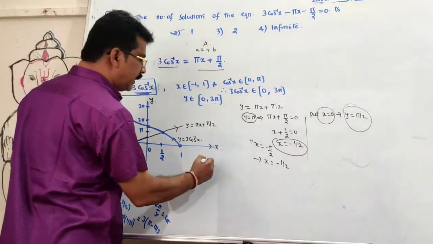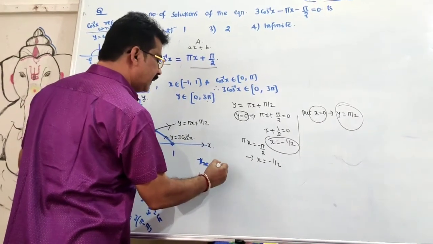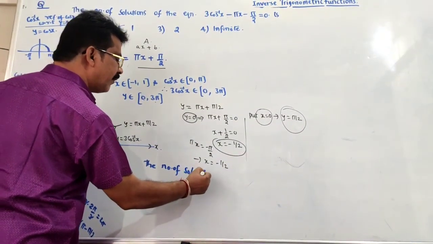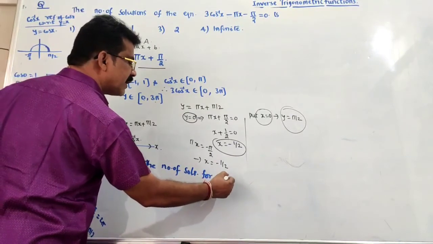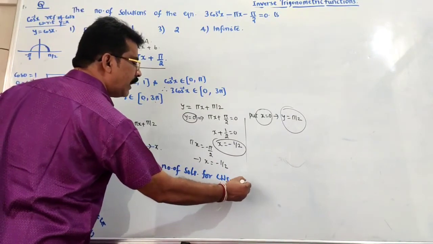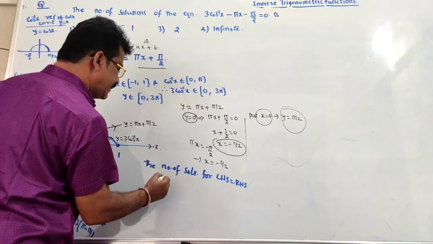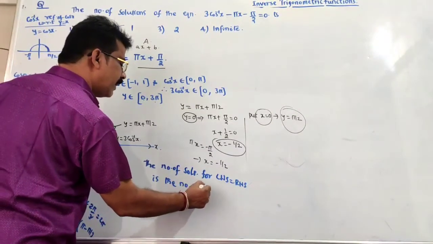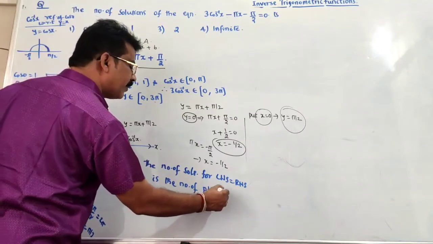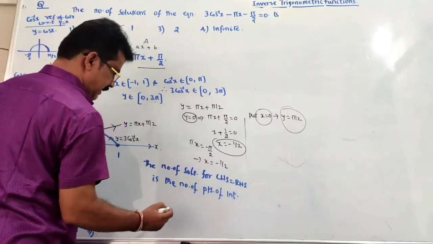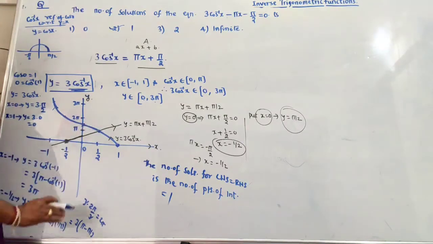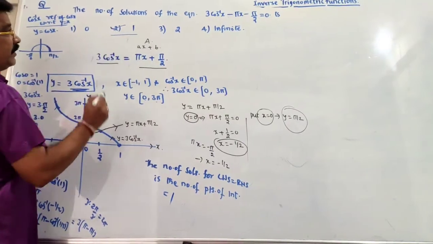So the number of solutions for LHS equal to RHS is the number of points of intersection, and only one point of intersection is there. That's why the total number of solutions is only one.